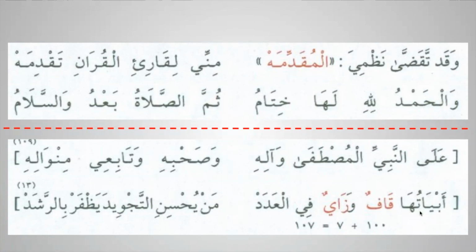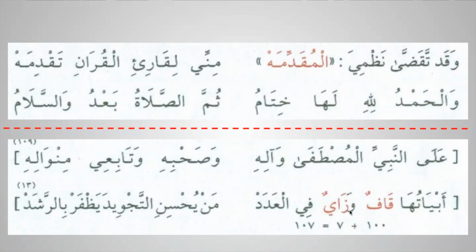And they said, أَبْيَاتُهَا قَافٌ وَزَايٌ فِي الْعَدَدِ. Its verses are qaf and zay in number. This is referring to the abjad numbering system or al-hisab al-jummal. So qaf is equal to 100, zay is equal to 7, the total is 107.